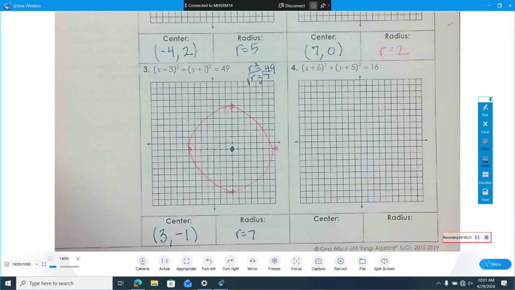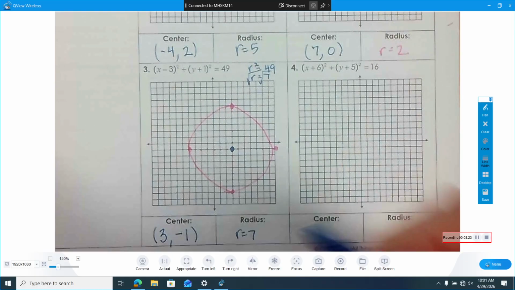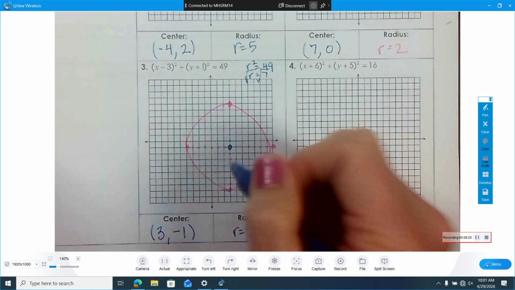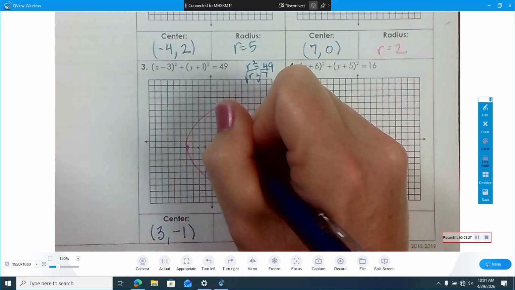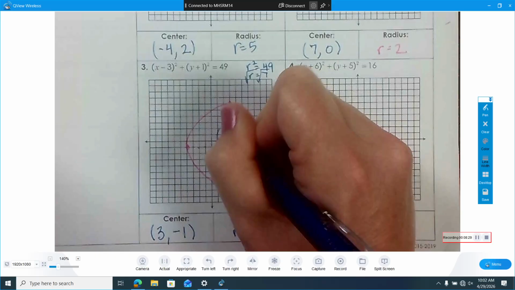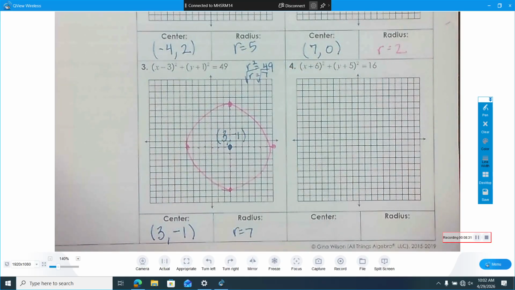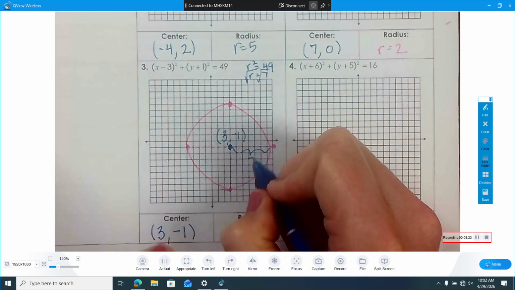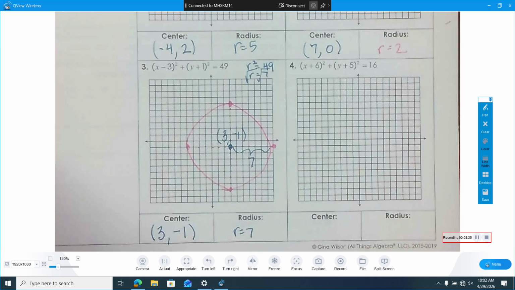Now, let me ask you a question. If you had a picture of the circle and you knew that the center was at (3, -1), and you knew that the radius was 7, could you then go backwards and put it into standard form, put it into the equation? Yeah, it's not too hard, right?